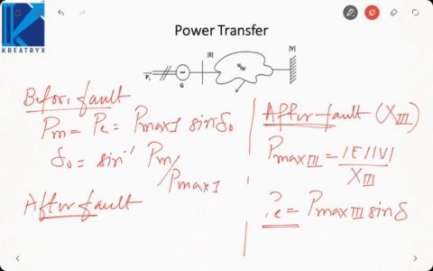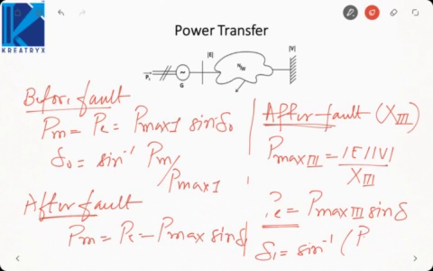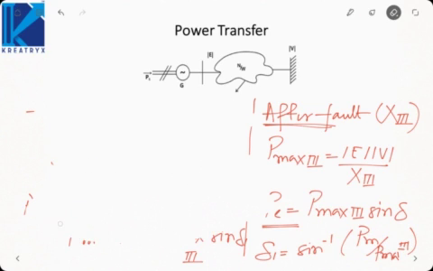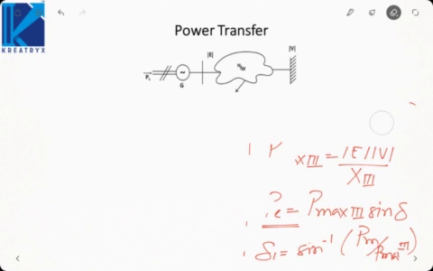Whatever the steady state is, Pm will be equal to P max 3 sine delta 1, let us say. So delta 1 will be sine inverse Pm by P max 3, because P max 3 is the maximum power after the fault. So the system is in steady state before the fault occurs and after the fault is cleared.